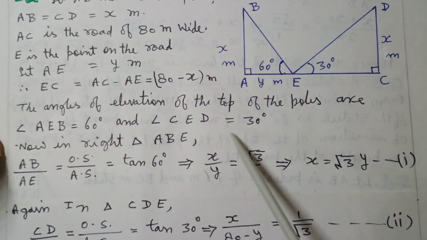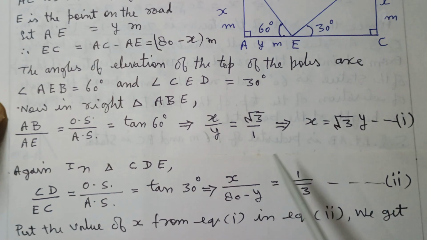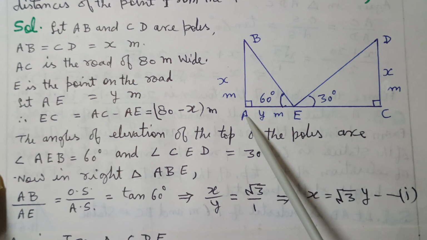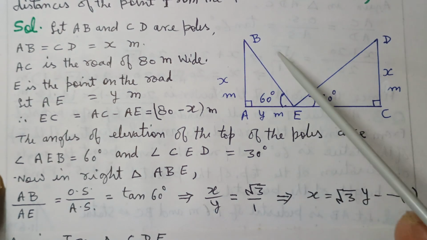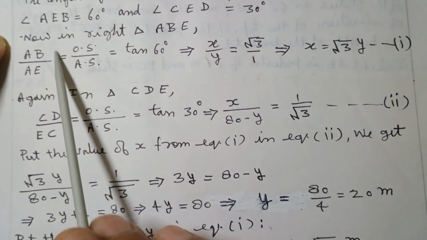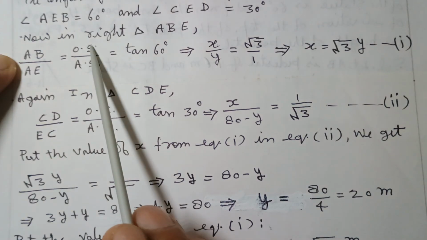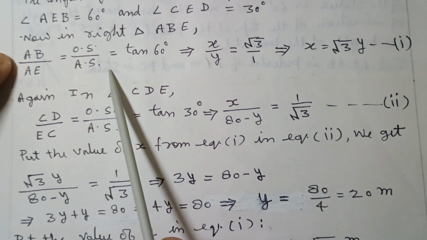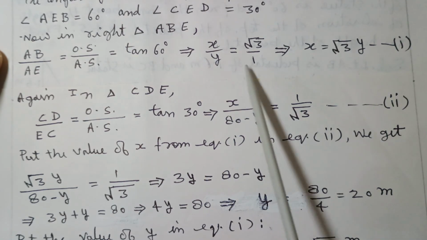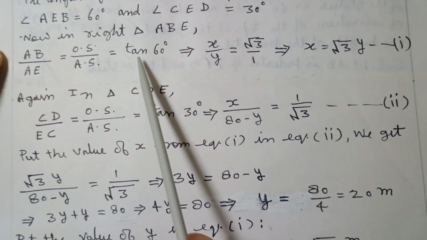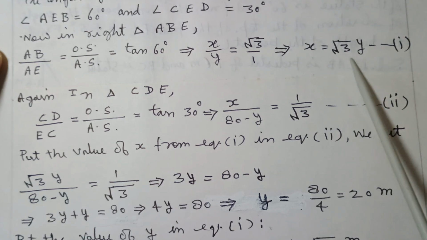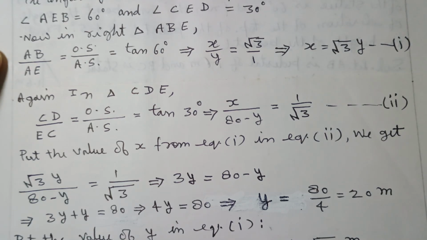Now in right triangle ABE, AB upon AE is equal to opposite side upon adjacent side is equal to tan 60 degree. This implies x upon y is equal to under root 3 by 1, because tan 60 is equal to under root 3. This implies x is equal to under root 3 y. This is equation 1.